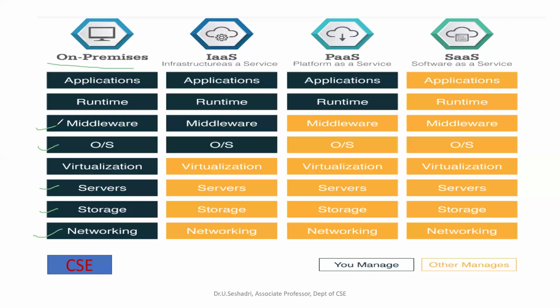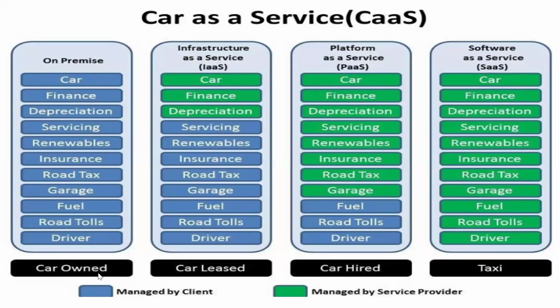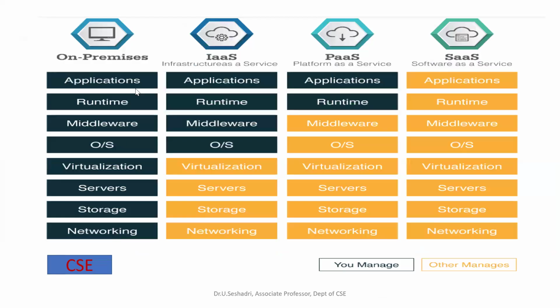To develop the application, you need to choose which platform to use: Java, C, Python, Go, .NET, or Ruby. You take care of that, test it, and finally deploy the application. Here, if we are using on-premise, you need to manage everything, like your own car, where you have to manage everything. Similarly, in on-premise, you need to take care of everything.